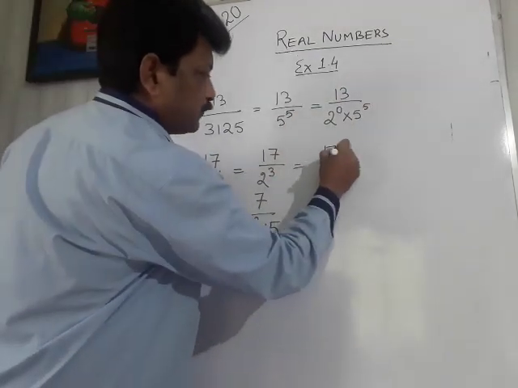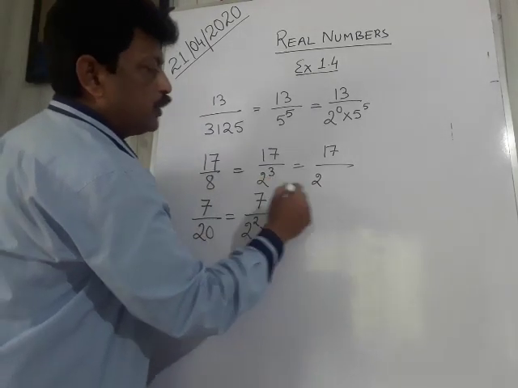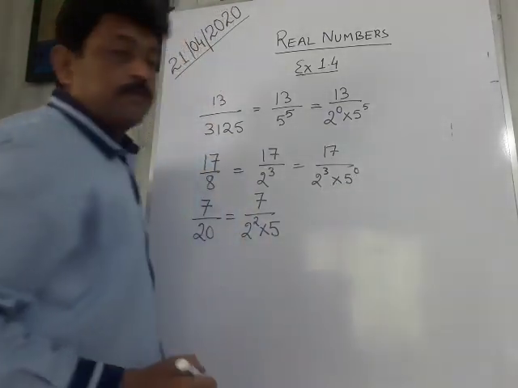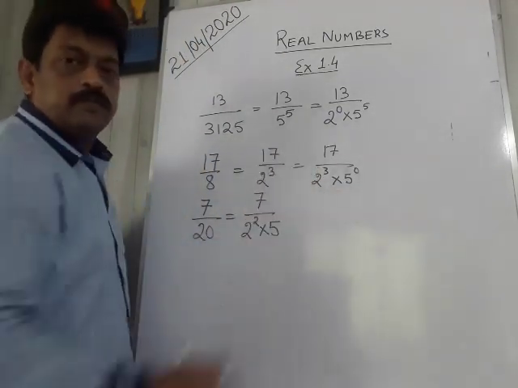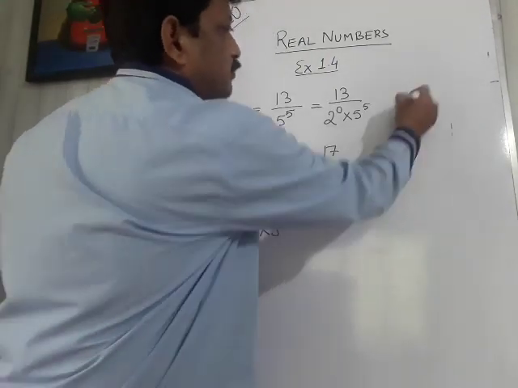Similarly here also 17 upon 8 is resolved into 2 cube, so it can be written as 2 cube into 5 to the power 0, so this is also in the form of 2 to the power n into 5 to the power m, so this will also have terminating decimal.